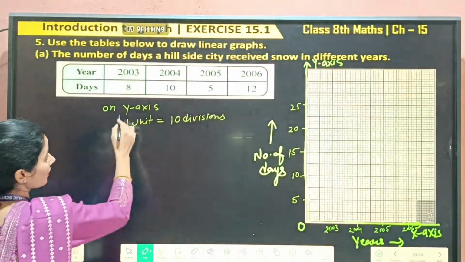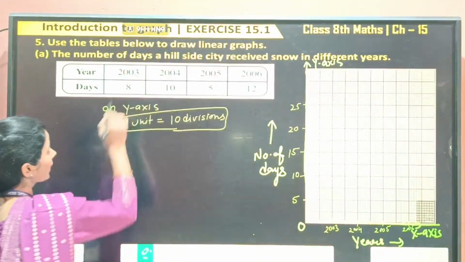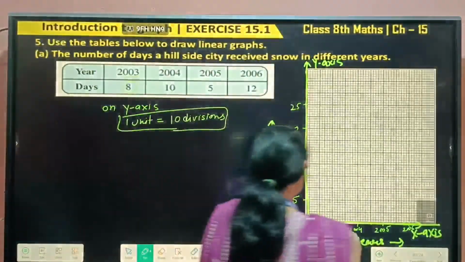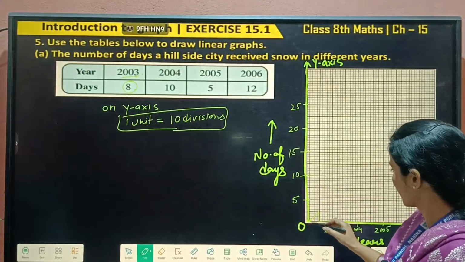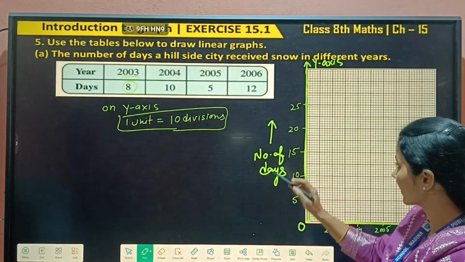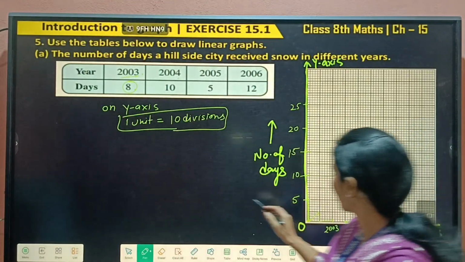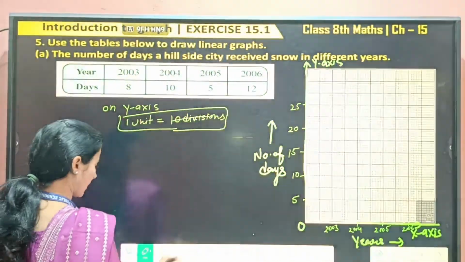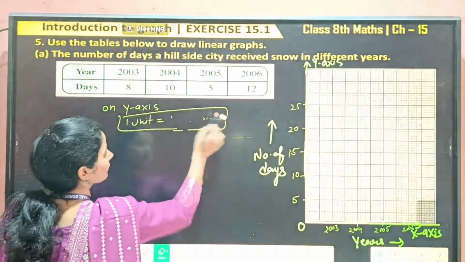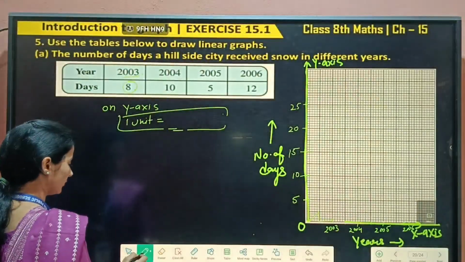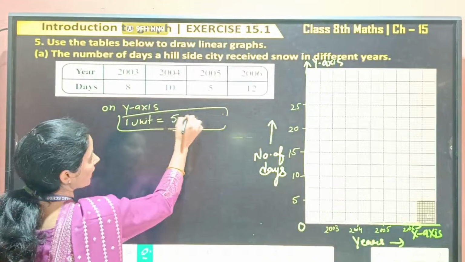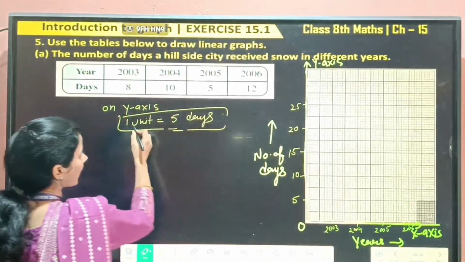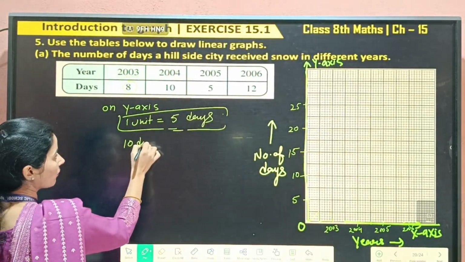Now write 8 days. On the y-axis, 1 unit is equal to 5 number of days. You will write 1 unit is equal to 5 days. And this 1 unit contains 10 divisions.